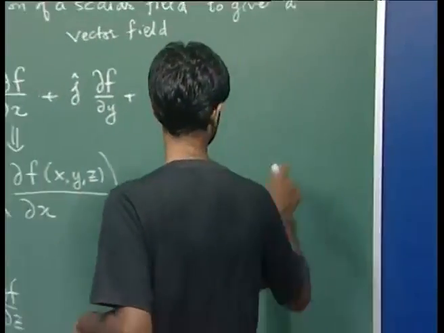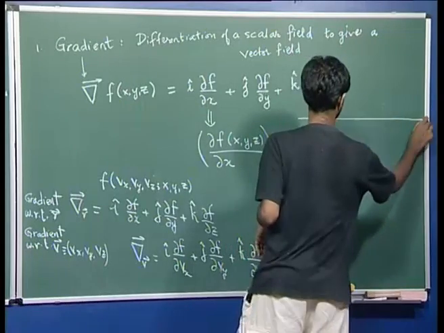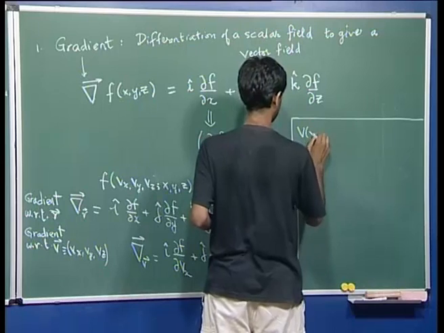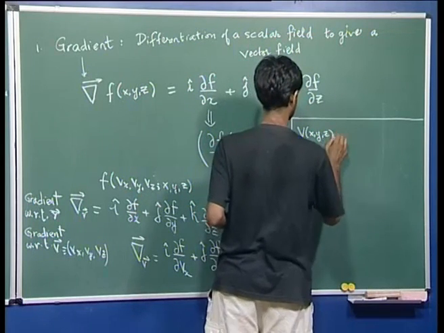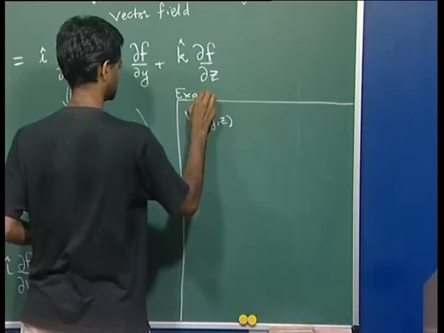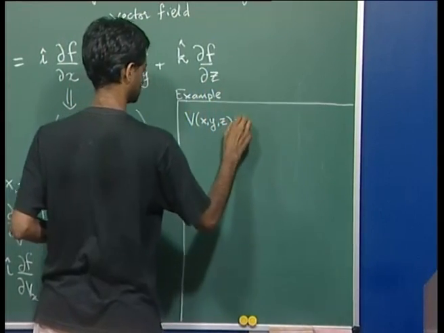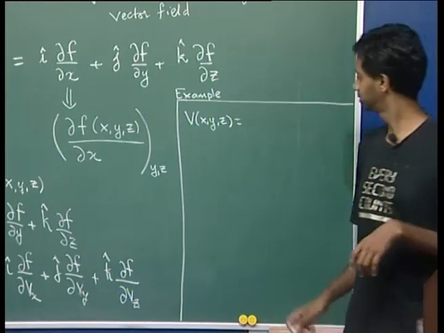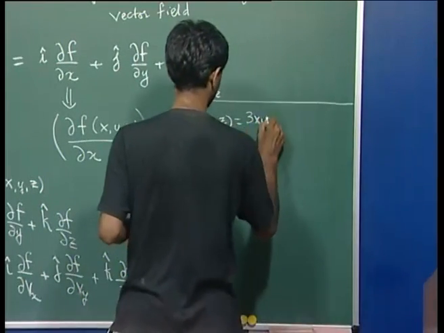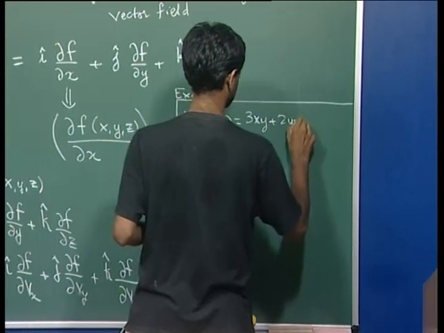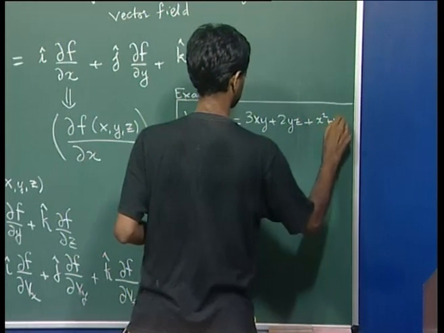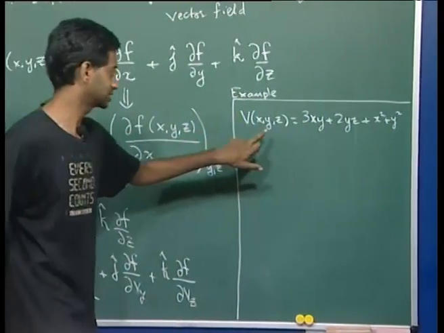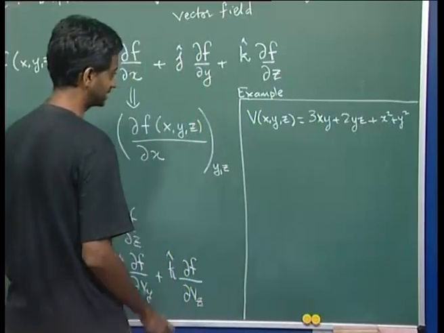Suppose I have v of x, this is an example, equal to 3xy plus 2yz plus x square plus y square. Okay, so this is a scalar field, it's a function of x, y, z, and now let's take the gradient of this.